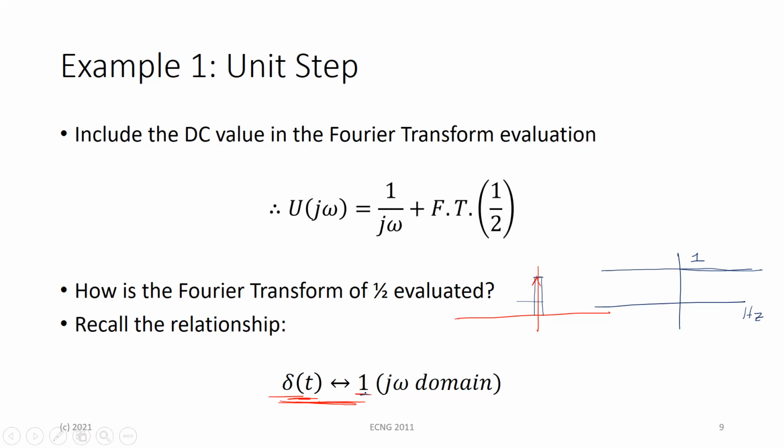An impulse in time gives me a constant in frequency. But what about a constant in time now? Instead of an impulse in time, I have a constant in time. What does that give me in the frequency domain?